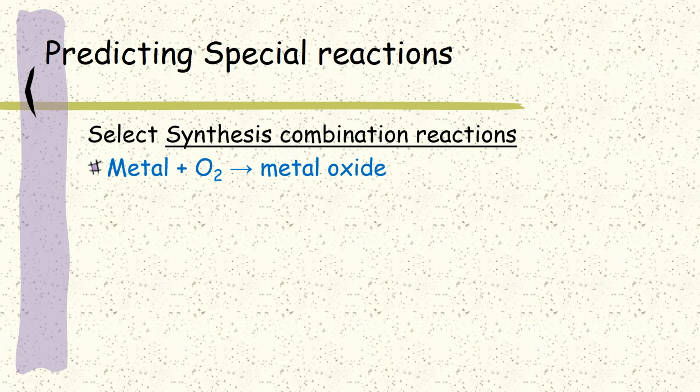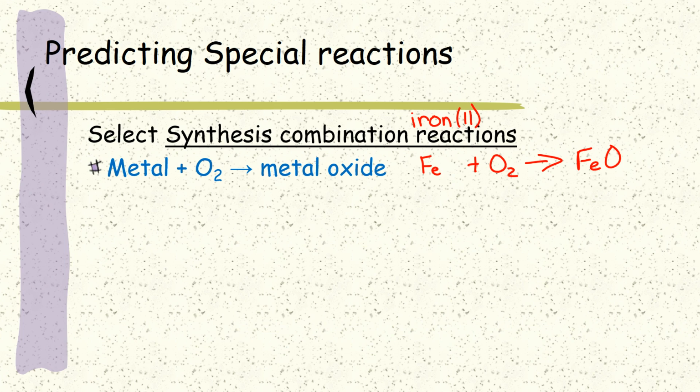So an example of that would be if I had iron, and you need to know this because it's a transition metal, but let's just say it's iron 2. That means it's going to be a +2 iron. And I have iron reacting with oxygen gas. That's going to become iron oxide. All right, that's all that one's saying. That one's pretty straightforward. It should be pretty easy.